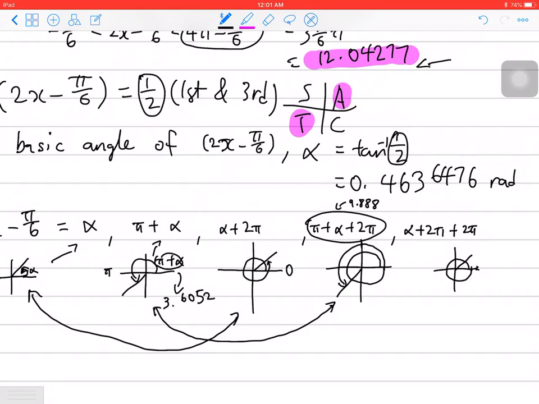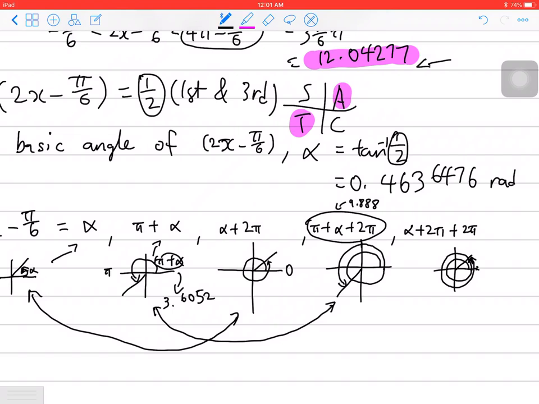So first round, after that this is second round first quadrant, which we already have alpha plus 2 pi. Then from here go one more round, end of second round, go to third round. So that's why for the third round I have 4 pi plus alpha.